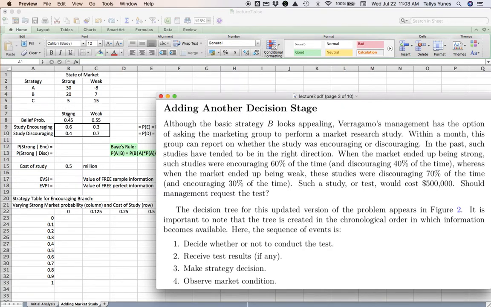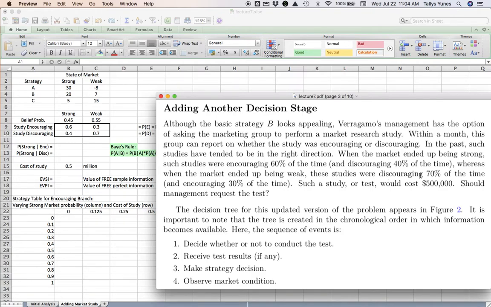So in the past, given markets were strong, the study was encouraging, as in predicted correctly, 60% of the time. And whenever markets were strong, this is me looking at past data, the study was wrong. It predicted discouraging 40% of the time, which is the remaining chance.